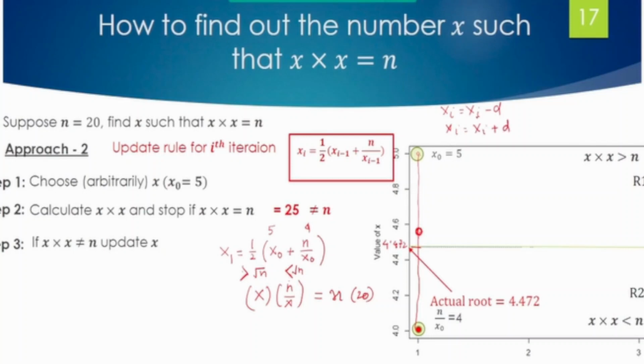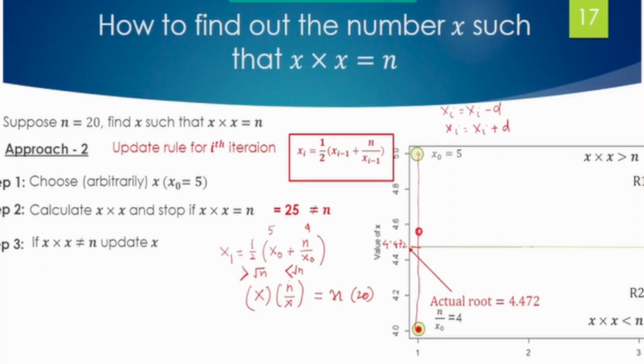There as well, every iteration we are actually improving. Only thing is that the rate of improvement is different in these two approaches, but as far as the computation's correctness is concerned, both of them are correct.